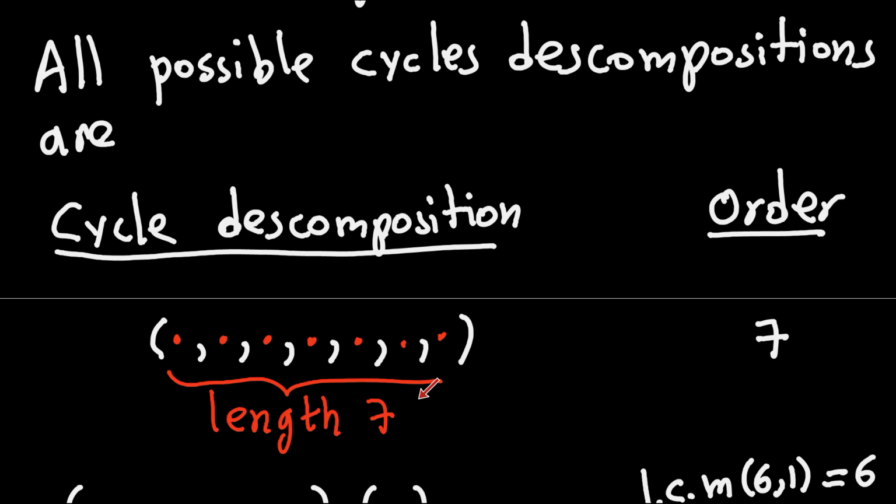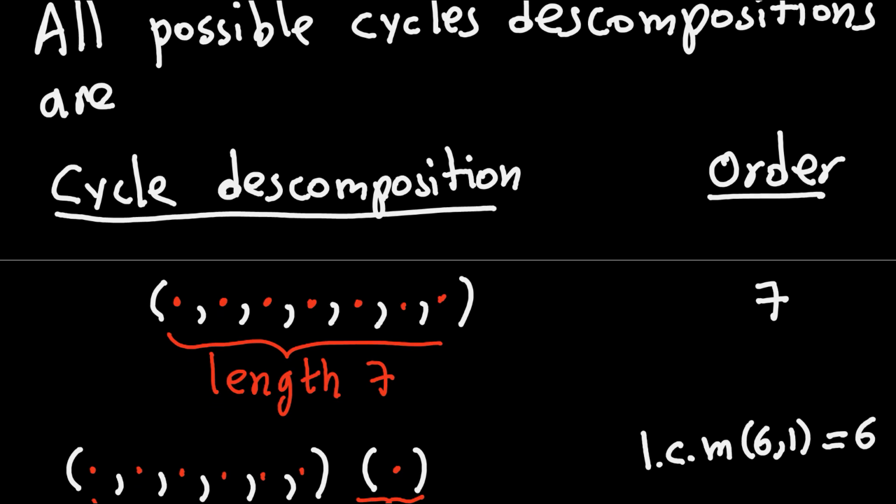So that has length 7. Now, by that theorem, the order of this will be the least common multiple of 7, which is of course 7. So the order of this is 7. Now, one important corollary of that theorem is that the order of a cycle is its length. So this is length 7, so the order is 7.